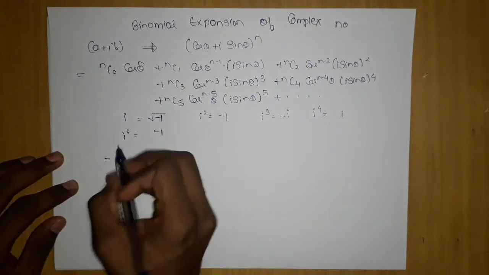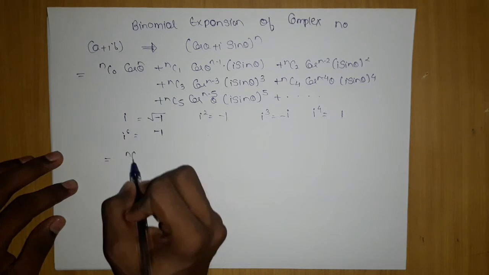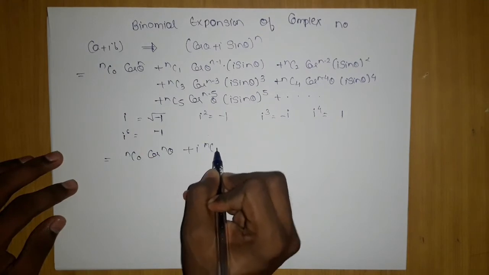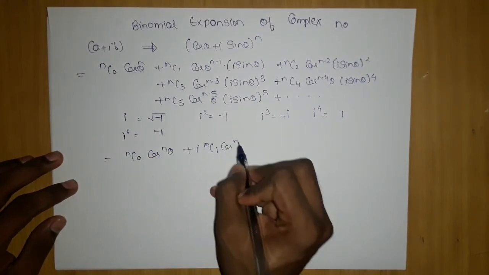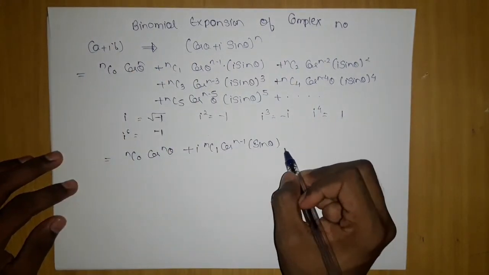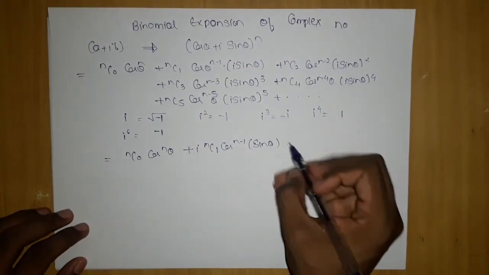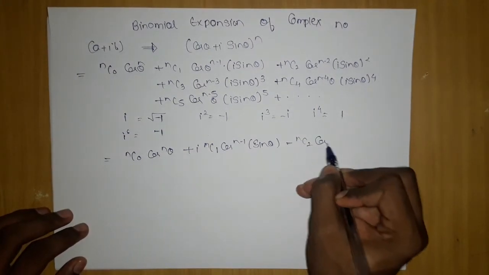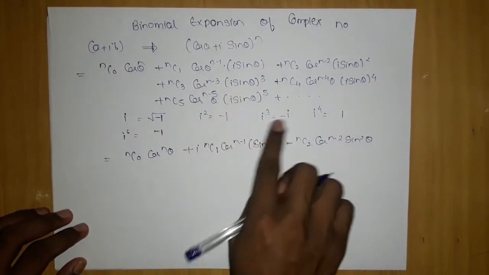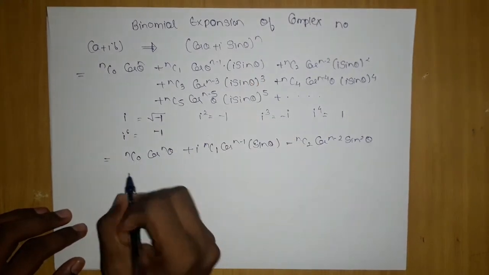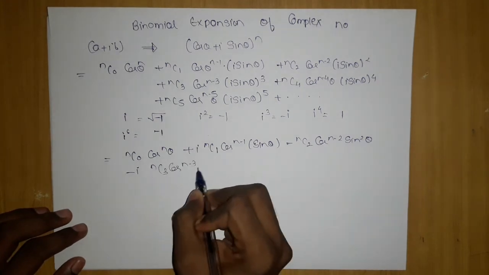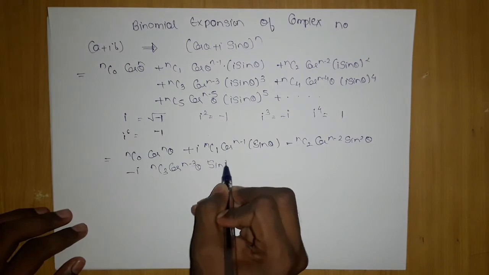Now let's simplify this. So if you simplify, what we are getting: nc0 cos n theta, plus i nc1 cos power n minus 1 theta into sin theta. This iota I have taken outside. Now iota square will be minus 1, so minus nc2 cos power n minus 2 theta sin square theta. Here this will be again minus iota, so minus iota nc3 cos power n minus 3 theta into sin cube theta.